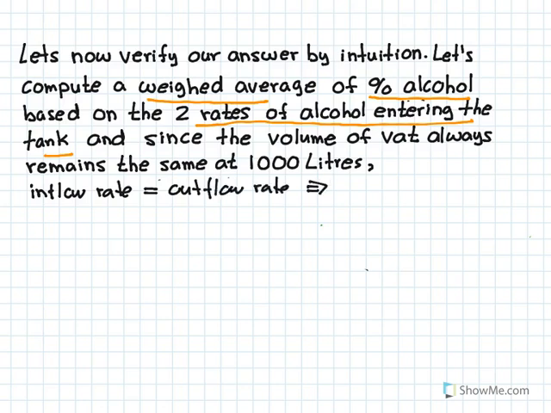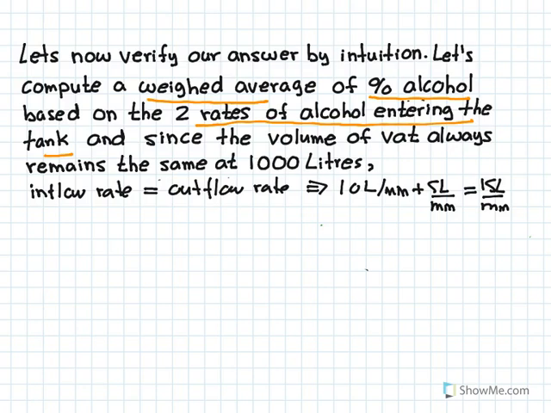That's because we have 10 liters per minute coming in from one beverage plus 5 liters per minute for the other, and the well-mixed solution leaves the tank at a rate of 15 liters per minute. So the volume of the tank never changes. It's always going to be 1,000 liters.